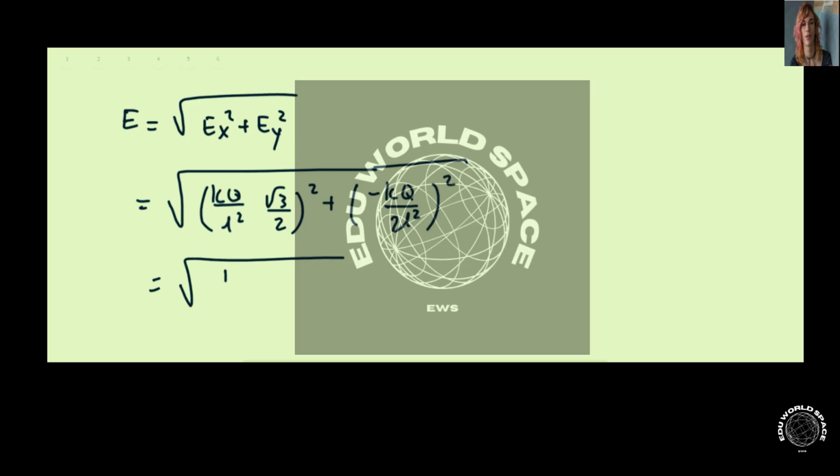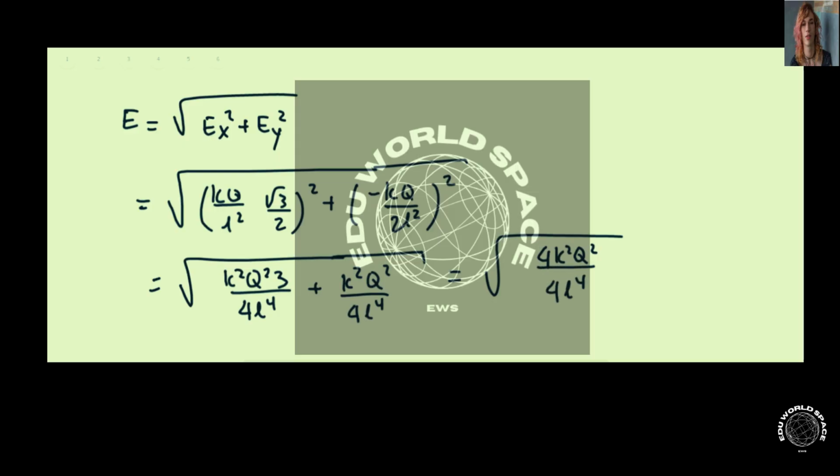Now from here we have k squared q squared 3 over 4L to the power of 4, and here k squared q squared over 4 times L to the power of 4. So when we add them to each other, we have 3 k squared q squared and 1, so it's 4 k squared q squared over 4 times L to the power of 4. As you know, the 4's are going to cancel here. So we have kq over L squared as the magnitude, when we flip the sign.